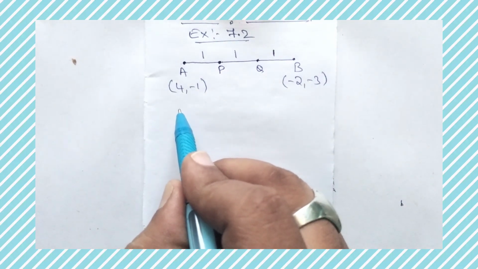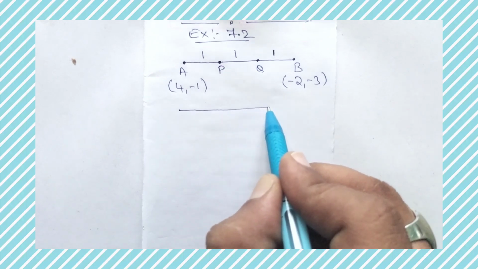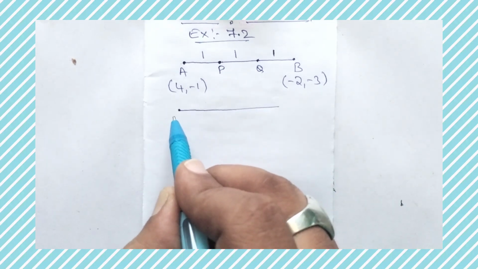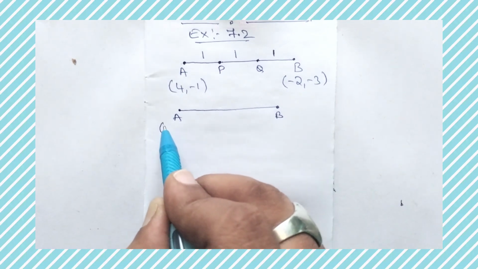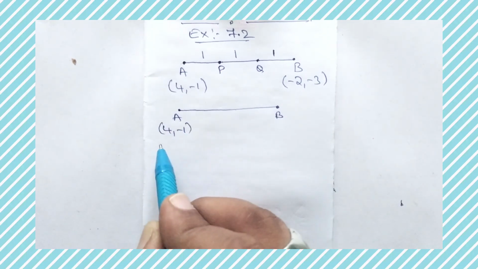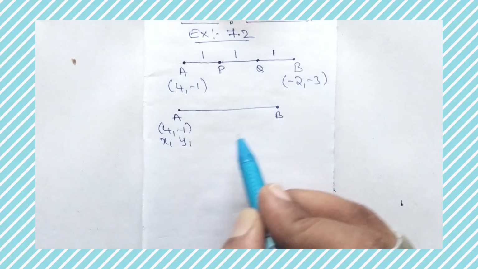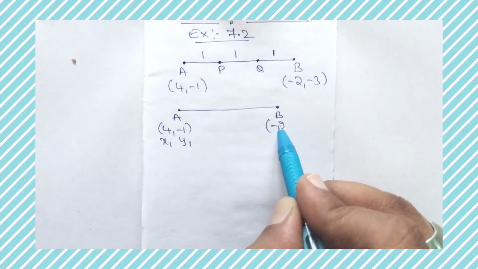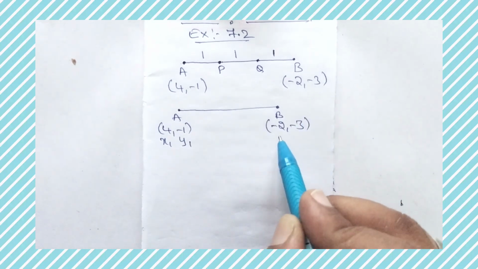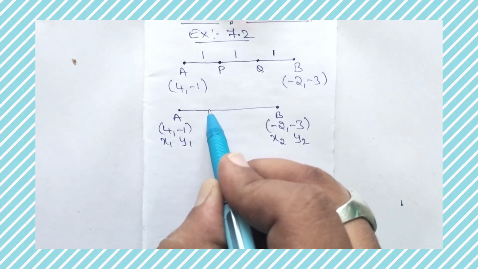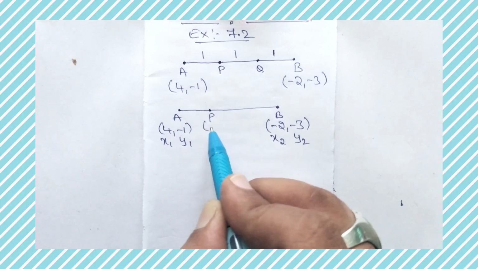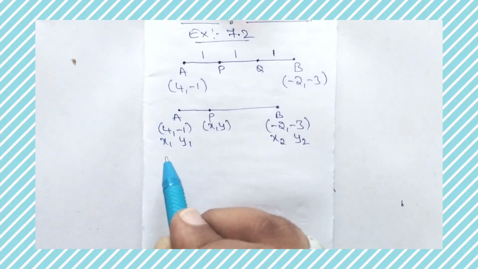First let us find out the coordinates of point P. So this is A and this is B. Coordinates of A are 4 comma minus 1, which is x1 y1. Coordinates of B are minus 2 comma minus 3, which is x2 y2. Now the coordinates of point P are x comma y.